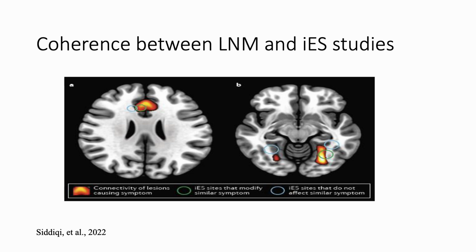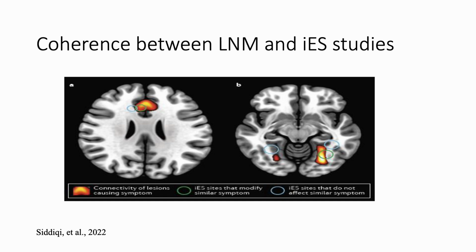Take a look at the picture where lesion network mapping happens, and it demonstrates that lesions caused from a decreased will to perform actions are connected to the anterior cingulate, the warm colors. Intracranial electrical stimulation sites overlap with this network, the green circle you see, and can induce a will to persevere unlike any other.